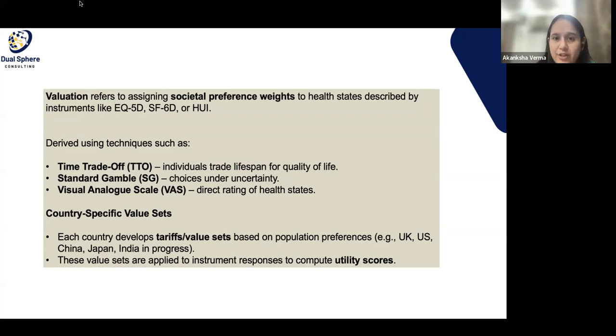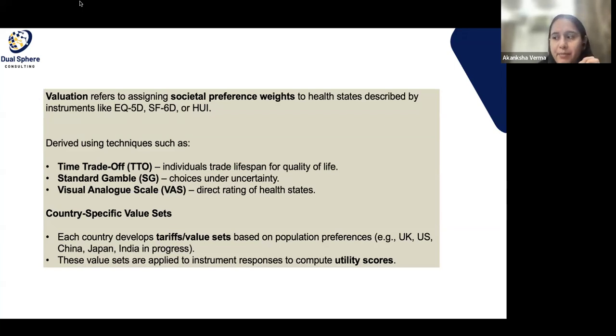When you're using generic tools like EQ5D, which can be used over different patient populations or different countries, societal preference weight refers to values assigned to different health states based on how a population or society perceives those health states to be.